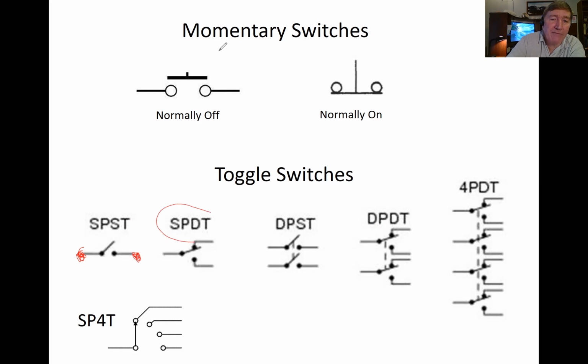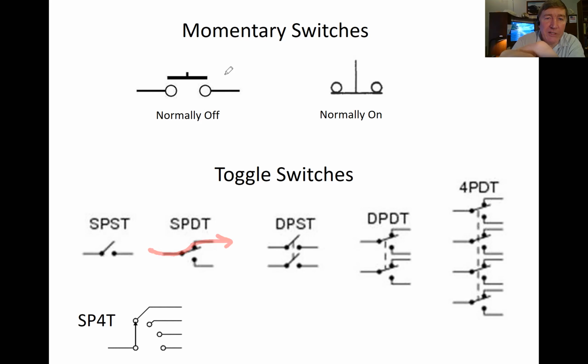But in this case over here, I've got double throw. That means I've got two possible outputs. So the switch can be one of two ways. If the switch is as shown here, the current comes in and goes out the upper output.